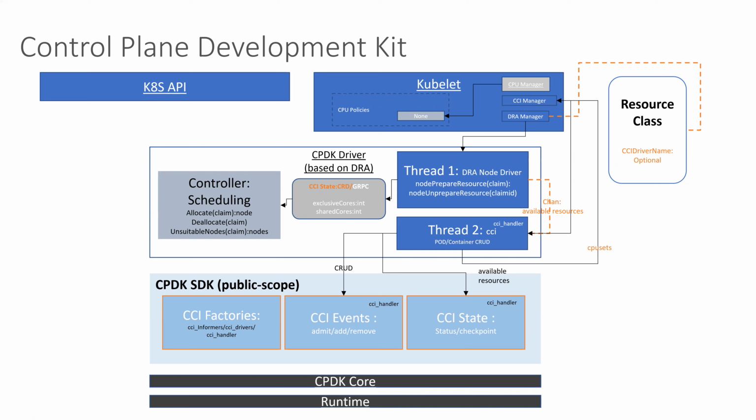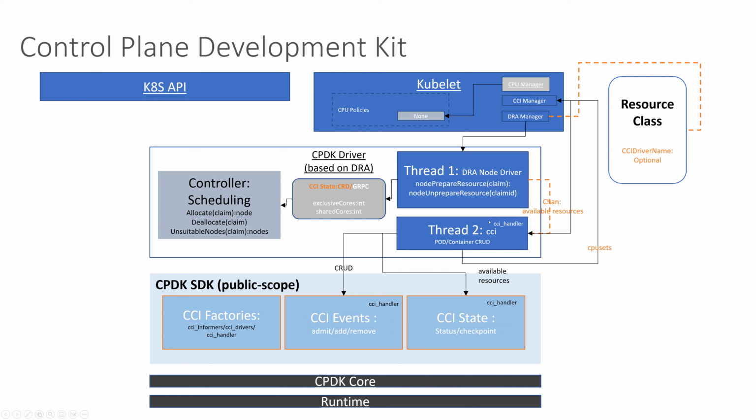I guess I just don't understand what the difference is. What is the CCI handler versus the DRA driver for? The CCI manager can do the pod admission and allocation of CPU and memory resources. The CCI manager calls the admit and remove functions of this handler.